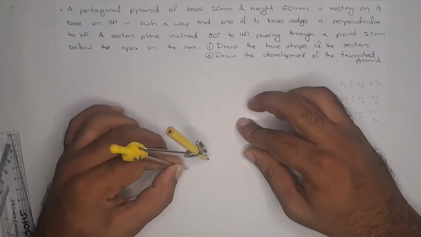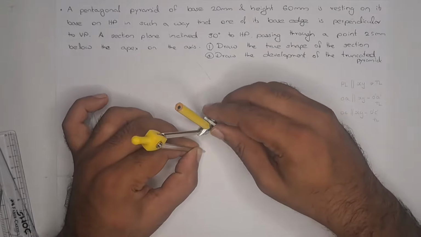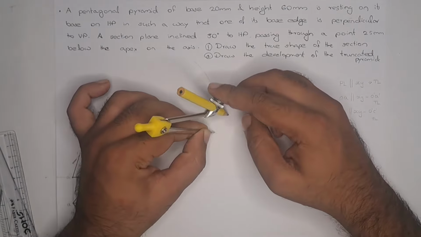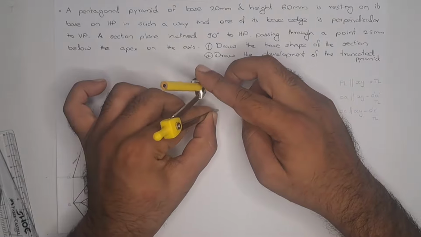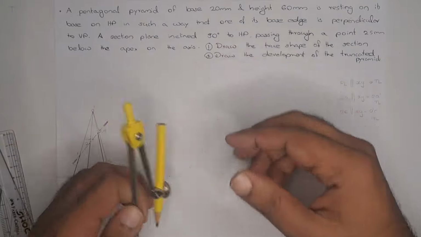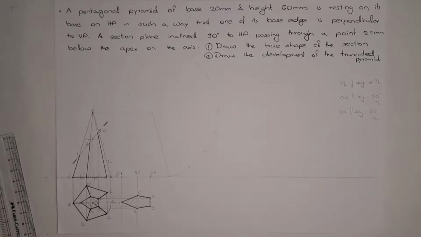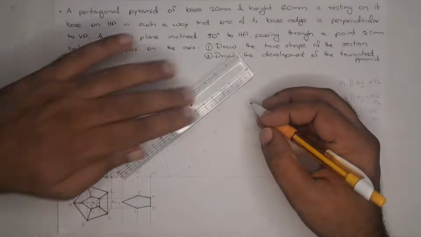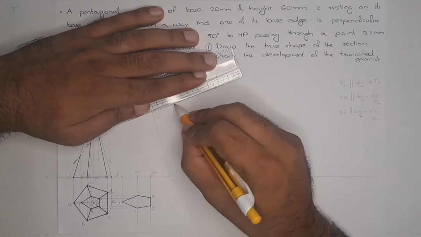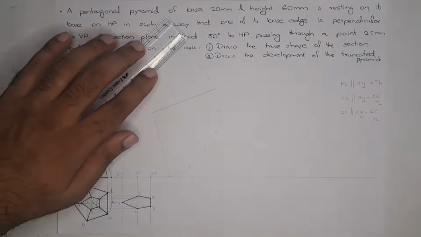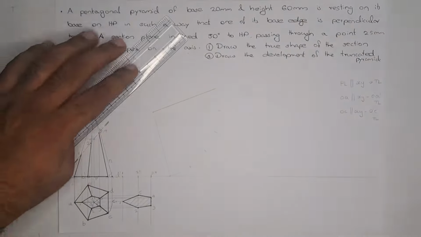So this is B, and mark here it's C, mark here it's D, mark here it's E, the 20 mm arc, mark here it's A. Now we can close the arc and get rid of this.